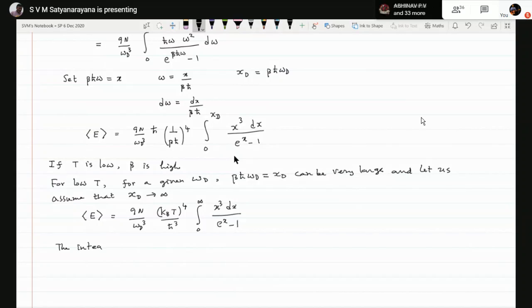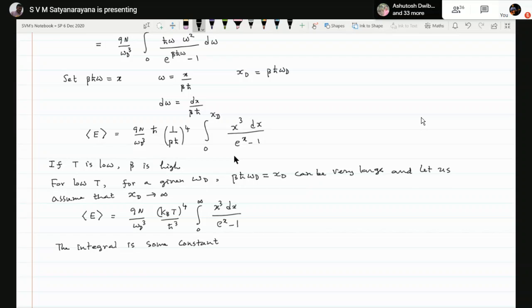There is no temperature dependence for this integral. It is some constant which I'm not interested in evaluating because it doesn't have any dependence on temperature or n or anything. X is getting integrated out, and the limits are no longer functions of temperature because we have assumed x_T goes to infinity. So it's going to be some constant.